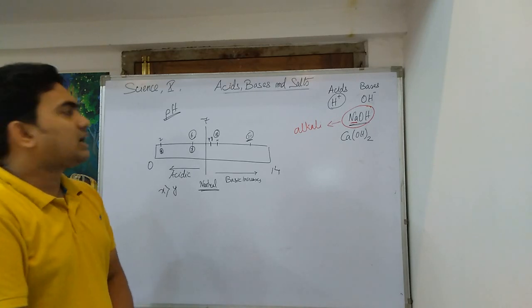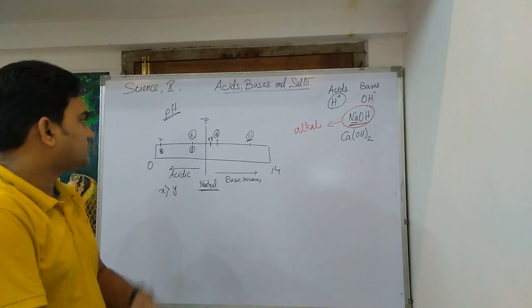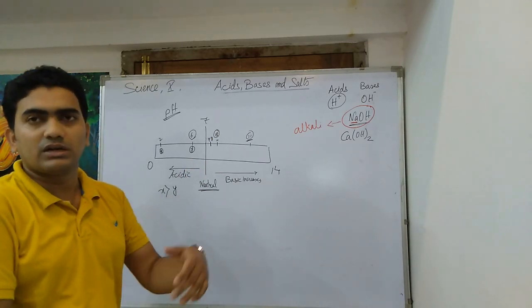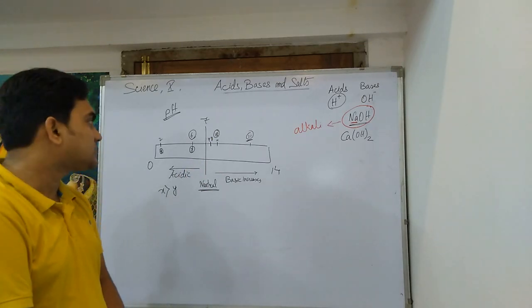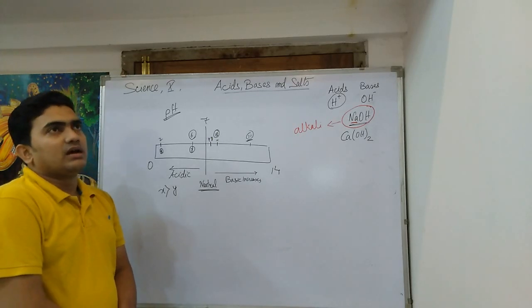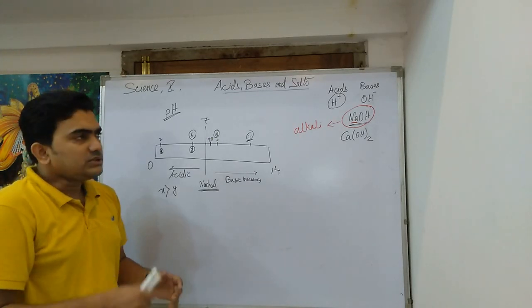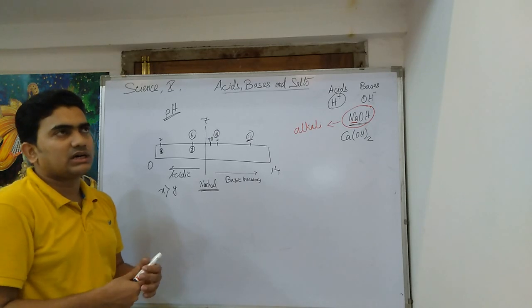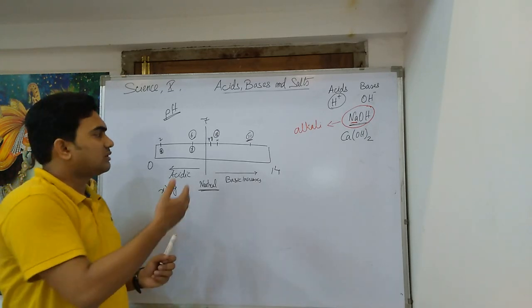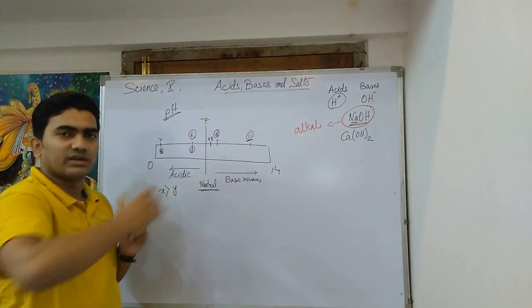Now there are certain other situations where we can use the pH, like acid rain. We have all learnt about acid rain in our previous classes. So when can we say that acid rain has occurred? When the rain occurs, the pH of the rain can range from 7 to a very high value.